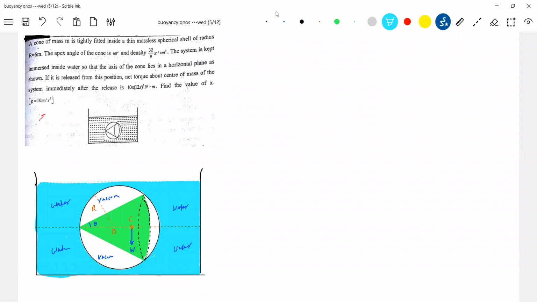Okay, I shaded everything. Let's come to this one. The center of this is P. So what is PC? PC should be equal to the height of the cone divided by 4.